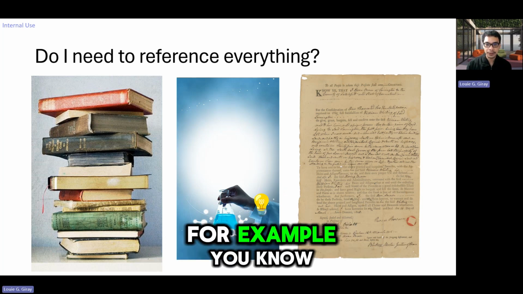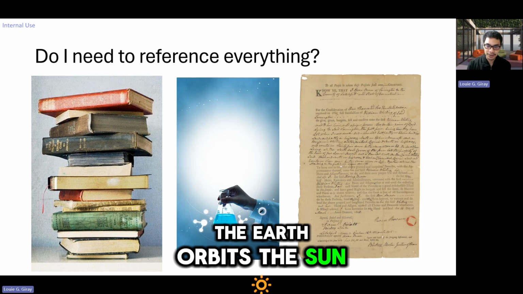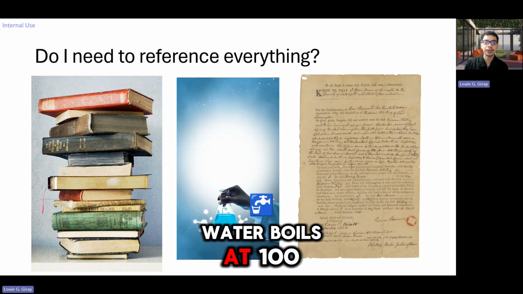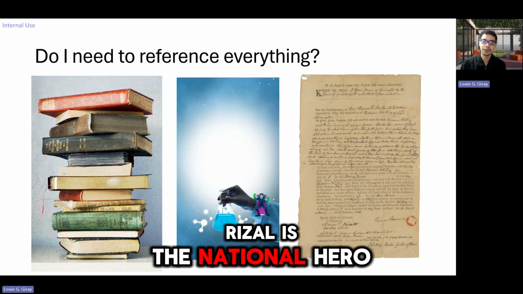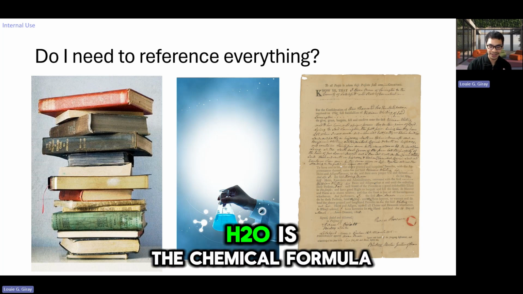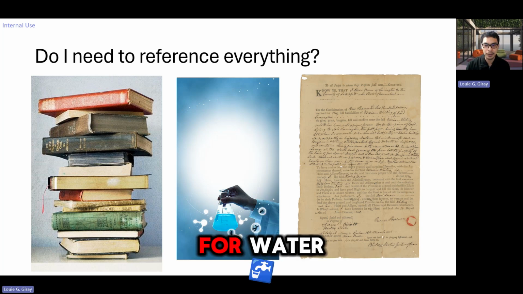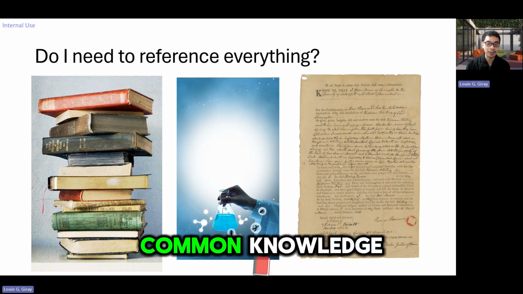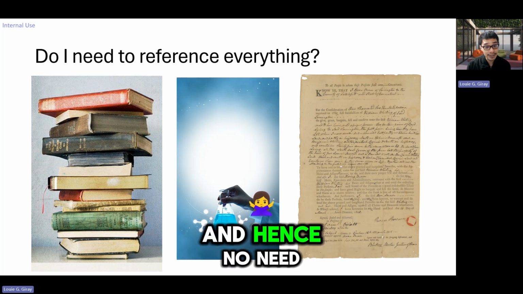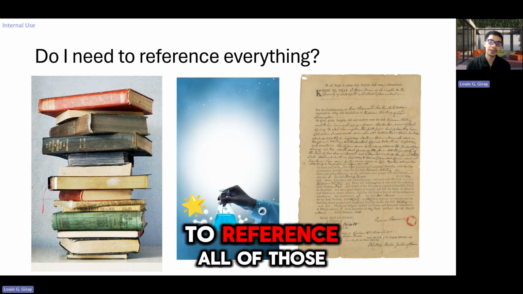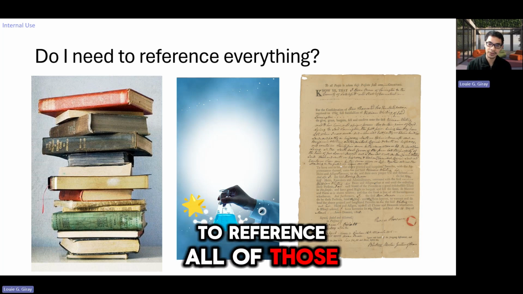For example, the Earth orbits the sun. Water boils at 100 degrees Celsius at sea level. Rizal is the national hero. H2O is the chemical formula for water. All these things are common knowledge. All these things are universally accepted, and hence, no need to reference all of those.